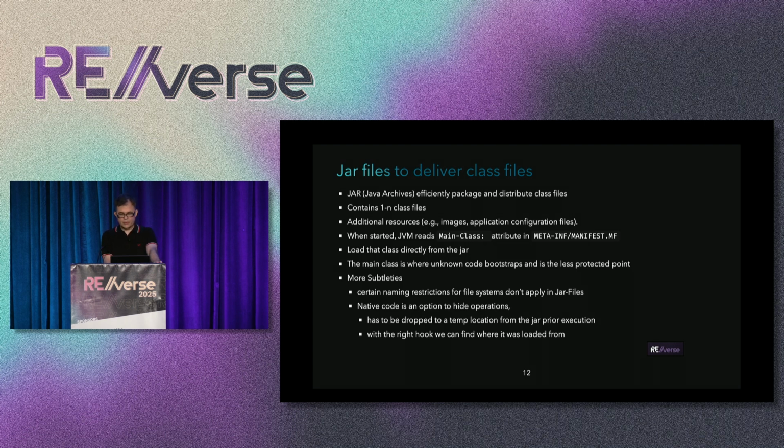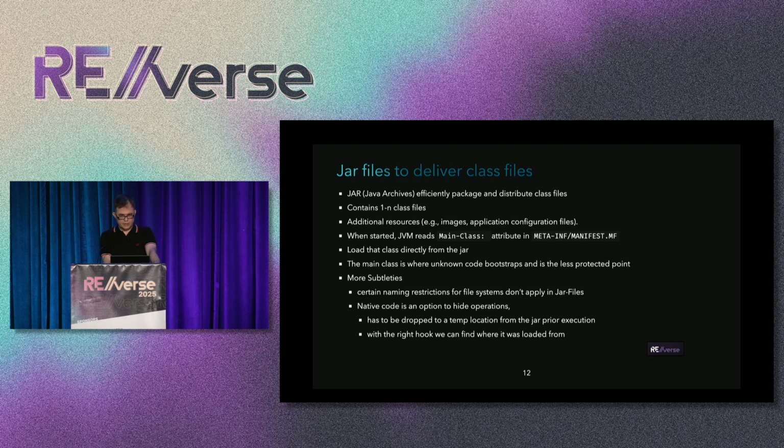For us, it's interesting, where does it all start? It starts in the main class tag, and that's a class that's actually directly loaded from the jar. The main class is where the unknown code bootstraps, and that's the least protected point, where we can easily hook and then trace from there.